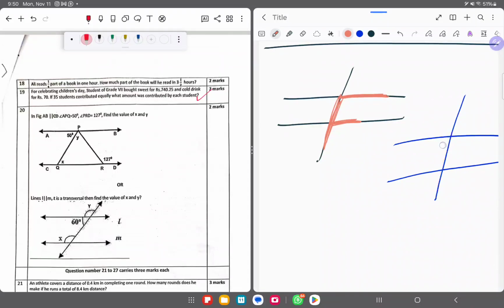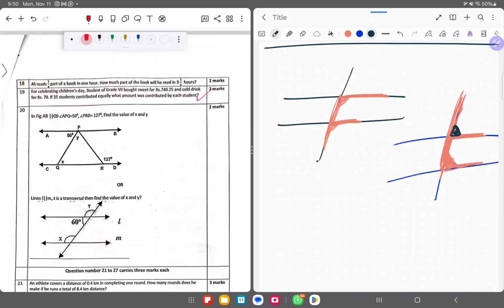Wait, let me start with the ones on the right. This is an F. Now, this angle and this angle are alternating exterior angles. The ones in the corner of the F, this angle, let me color it differently.